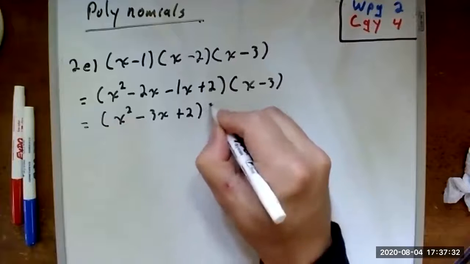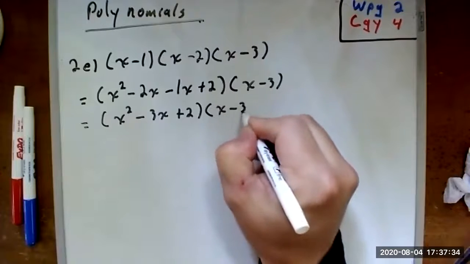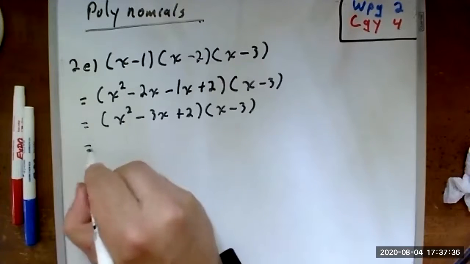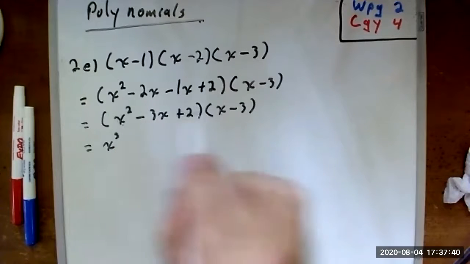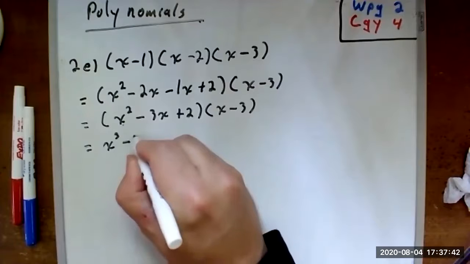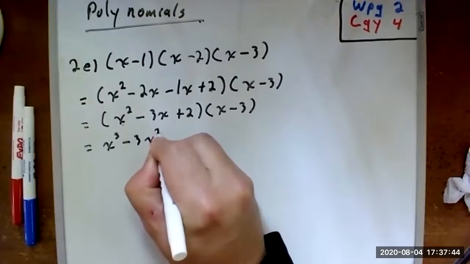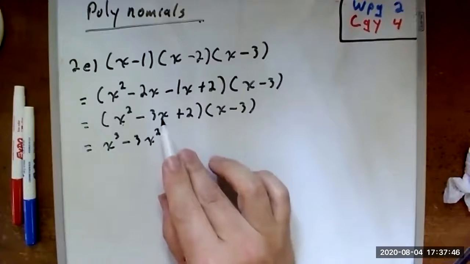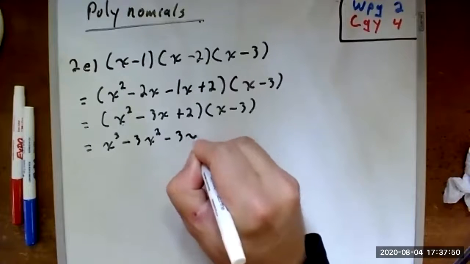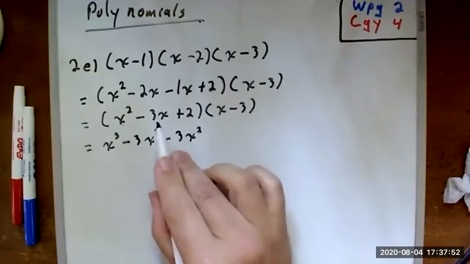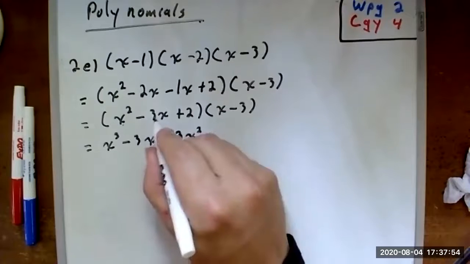X minus 3 comes to the right. I'm going to clean this up so I have fewer terms to work with. X squared minus 3x plus 2, and then x minus 3. So then we go again. X squared times x, x cubed. X squared times negative 3, negative 3x squared.